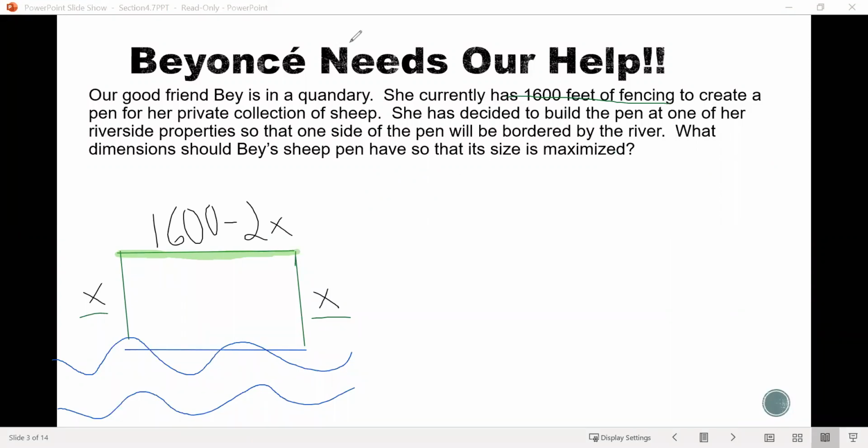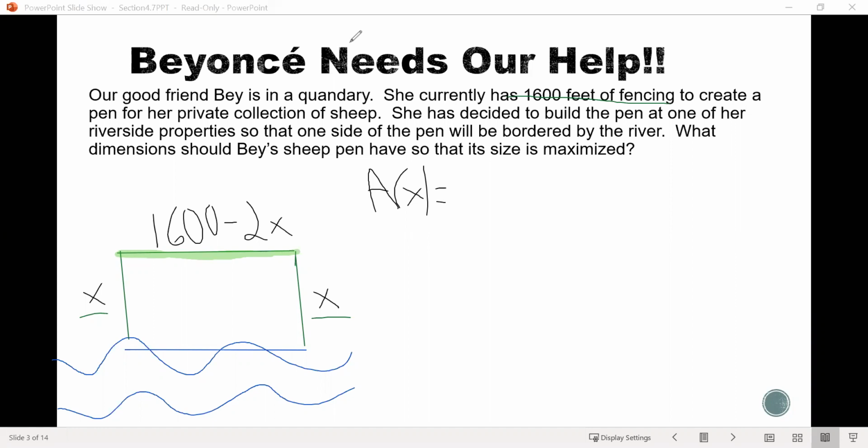Let us then continue from there. Now we're trying to maximize the size here. Since we already have information about the perimeter of the fence, the amount we can have around the outside, to maximize we'll probably want to look at the area. So I'm going to create a function that I'm going to call A of x. How would we find the area of this pen?